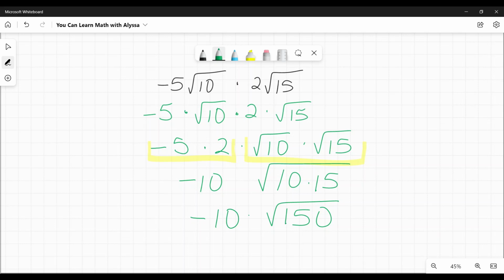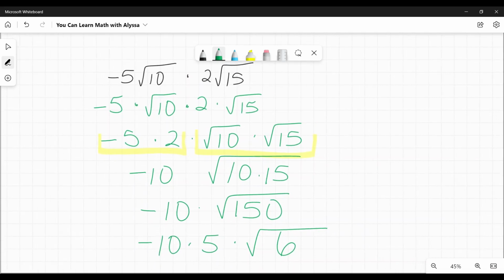Can square root of 150 be simplified? Yes. It is divisible by 25, which is a perfect square. So square root of 25 is 5, and I'm going to bring that outside. And 150 divided by 25 is 6. It leaves 6 behind under the radical. Again, if that does not ring any bells, please watch the video on simplifying square roots.